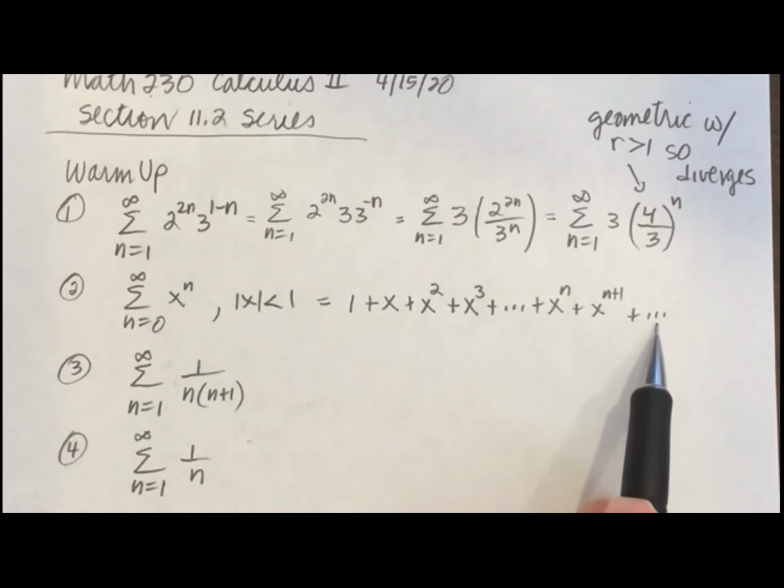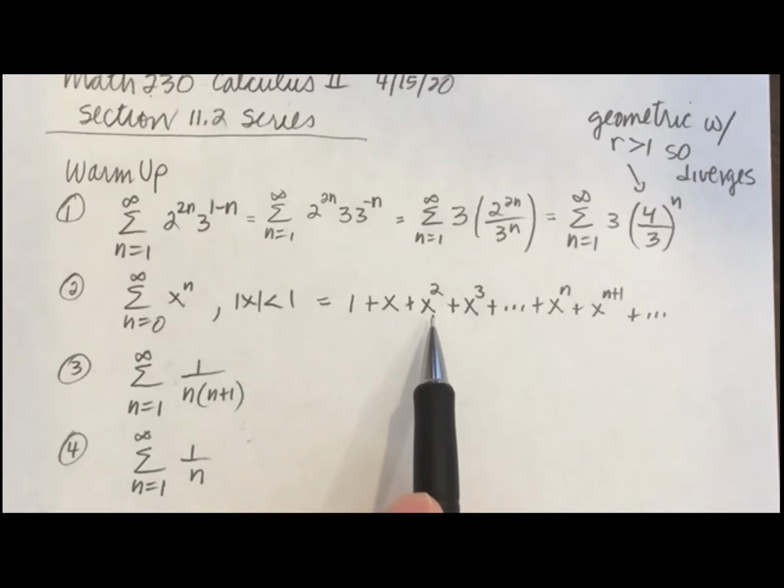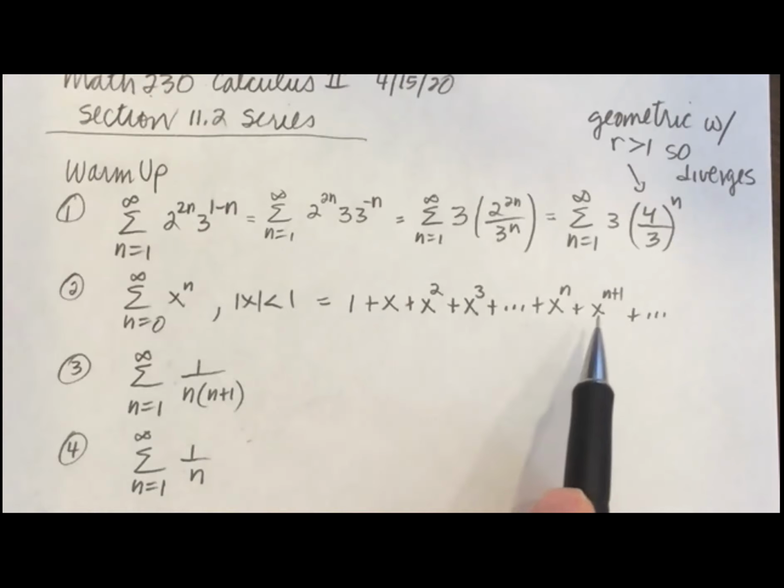How many 1s? Infinitely many. Sounds like what? It diverges. It gets bigger, bigger, bigger forever. Now of course, if x here is bigger than 1, like if it's 2, then you go 1 plus 2 plus 4 plus 8. Oh, that's getting big really fast.